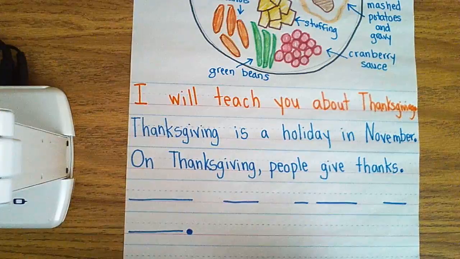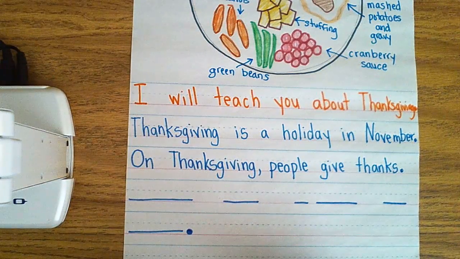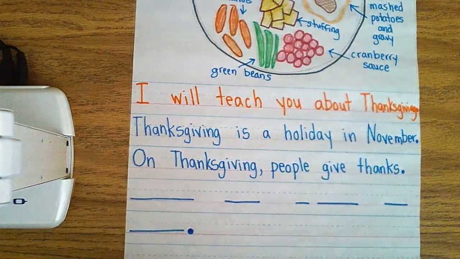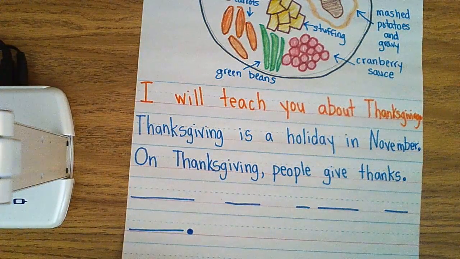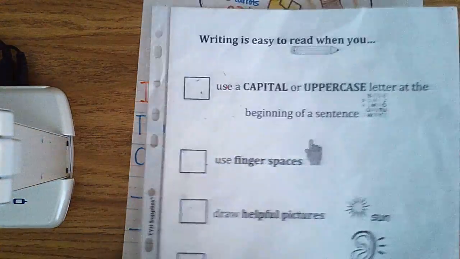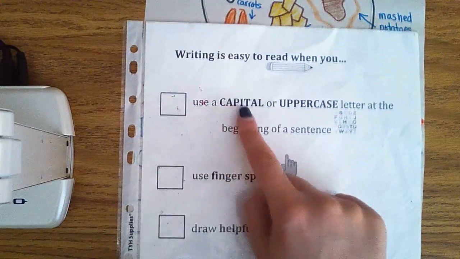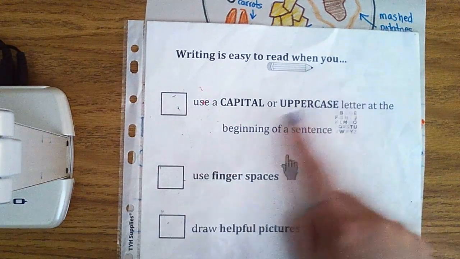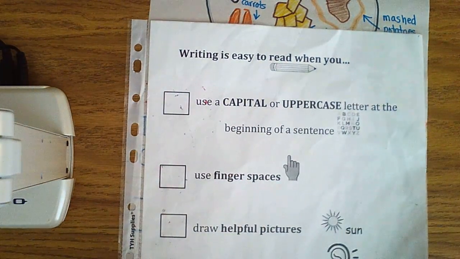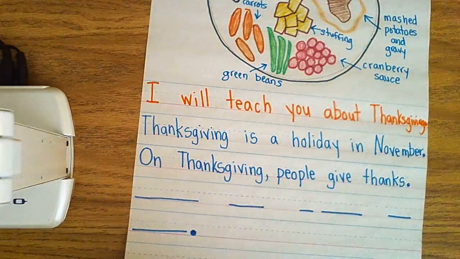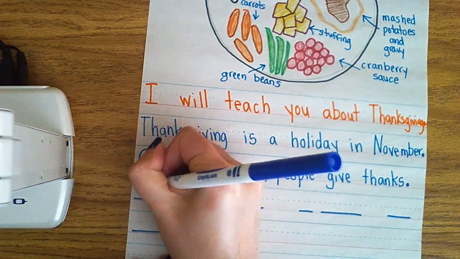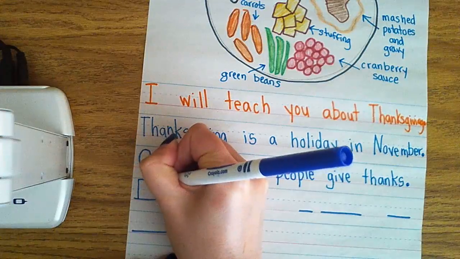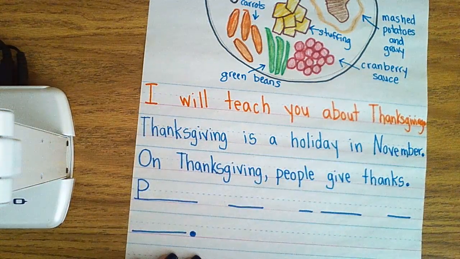I hear the P sound, so I know it's going to start with a P, but I also know that we've been using our writing checklists a lot. And Miss Burns keeps saying you have to use a capital or uppercase letter at the beginning of a sentence. So this isn't just going to be any old P. This is going to be an uppercase P, like this. Pull straight down, curve around, uppercase P.